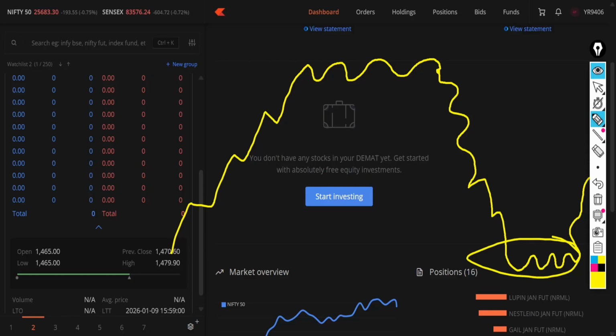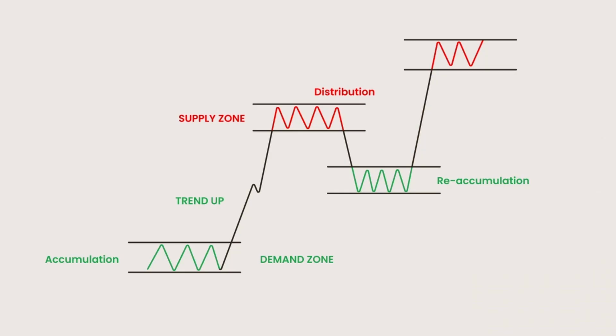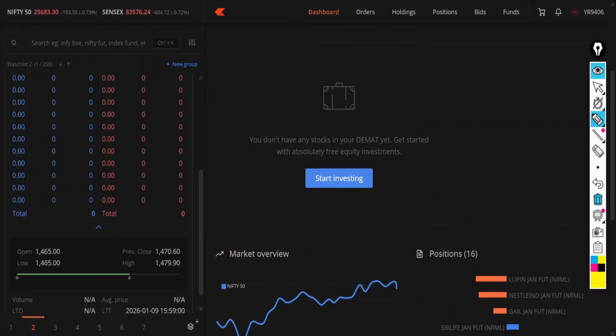So this one and this one are the zones. This is a supply and this is a demand zone. So let's discuss the same demand and supply concept.